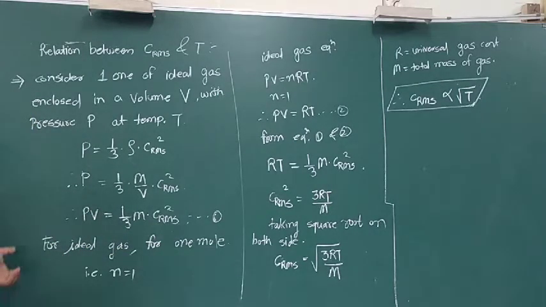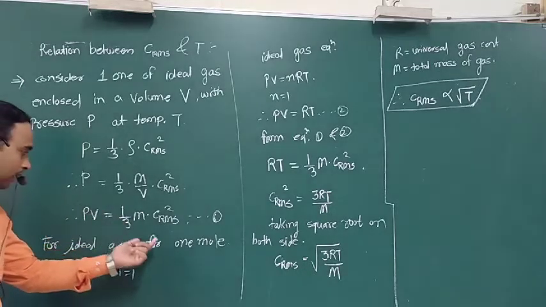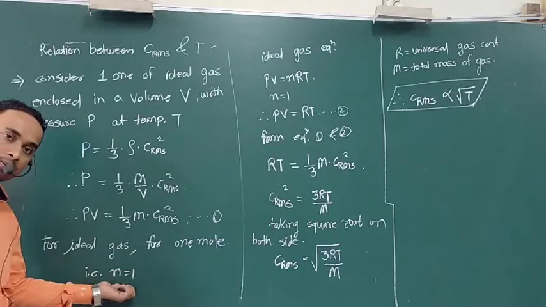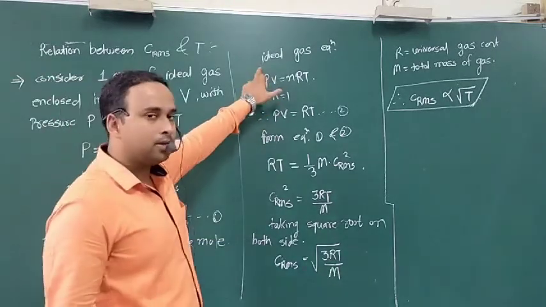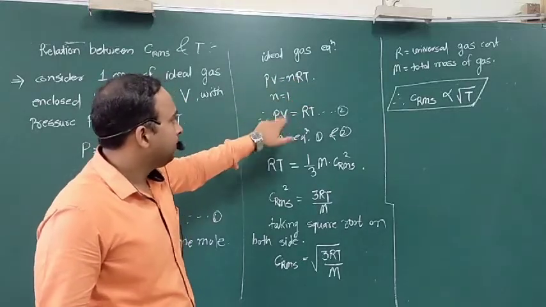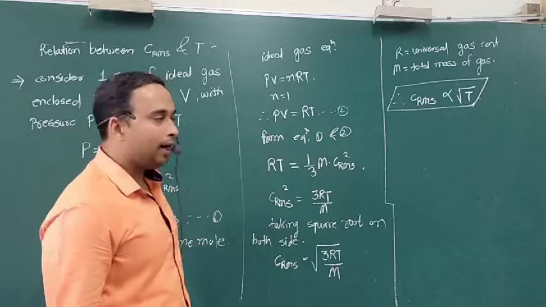Now for an ideal gas, for 1 mole, that is n is equal to 1. So we know the ideal gas equation PV is equal to nRT. So n is equal to 1, therefore PV is equal to RT.